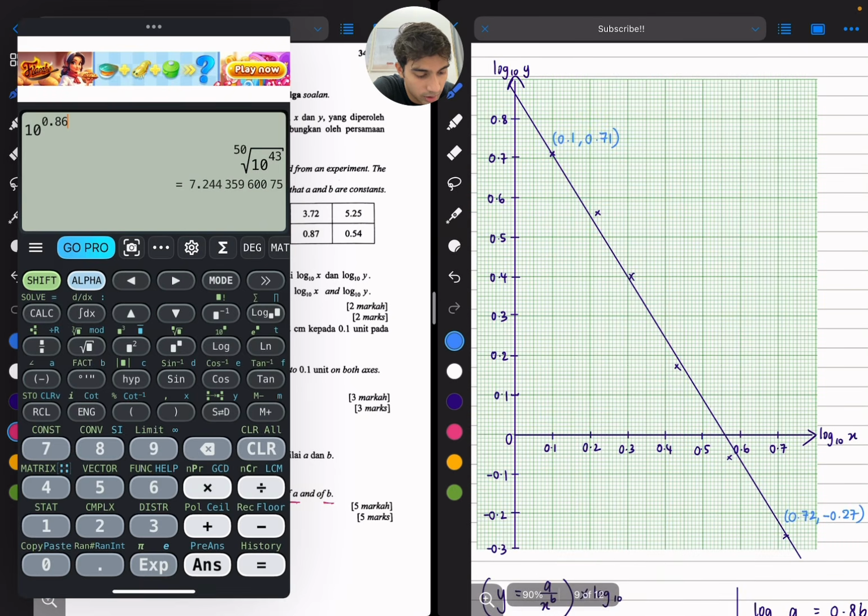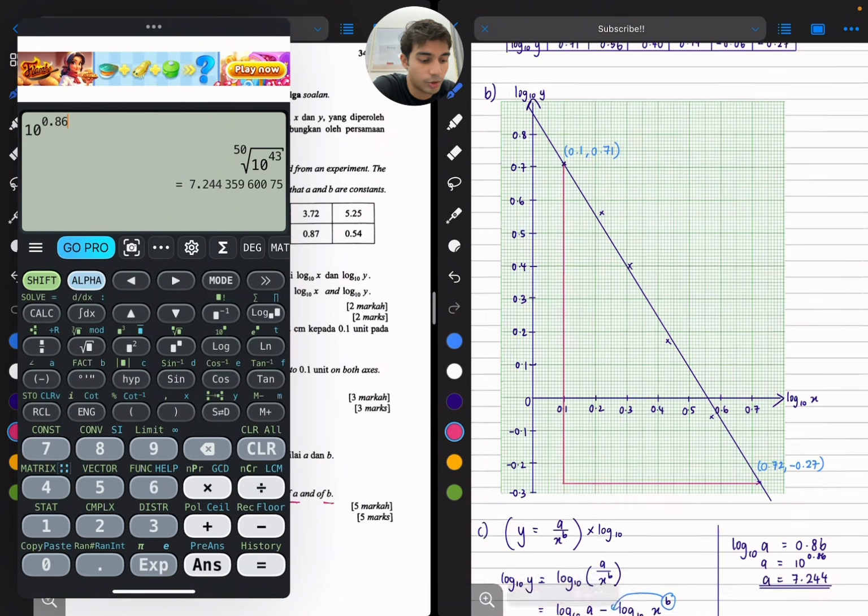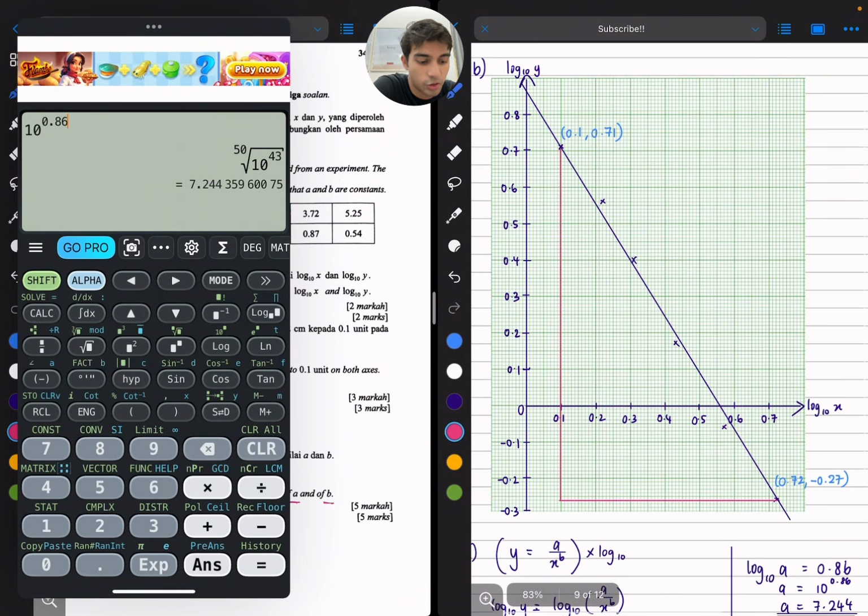What we have to do here is draw a dotted line. I don't know how to draw a dotted line on my iPad, so I'm just going to draw it in pink, but you guys draw a dotted line. The pink one is supposed to be a dotted line. This shows that you are finding the gradient using the graph.